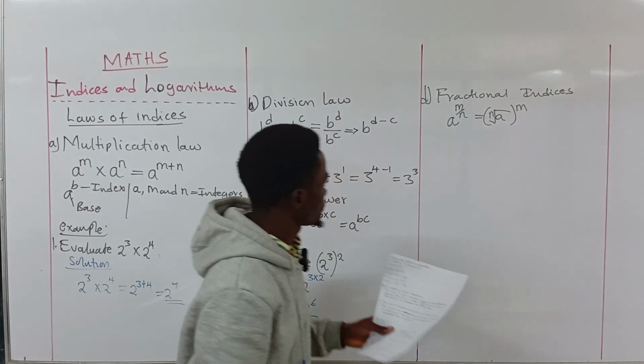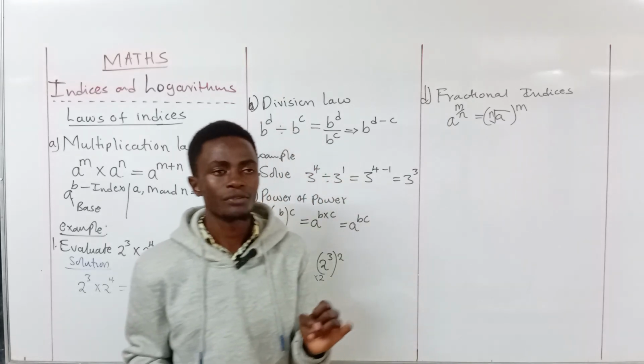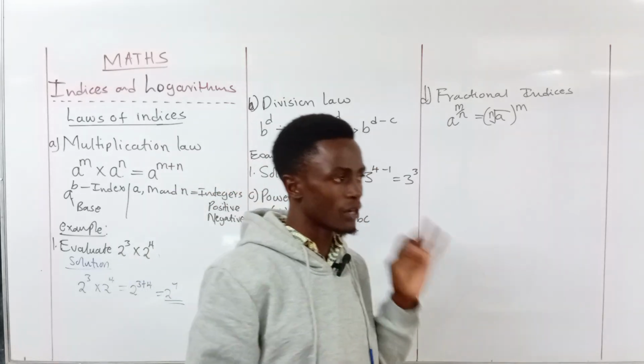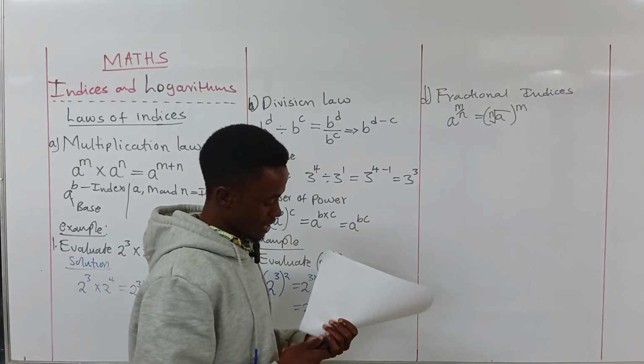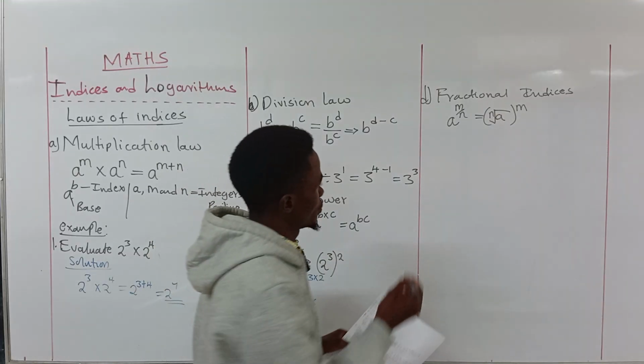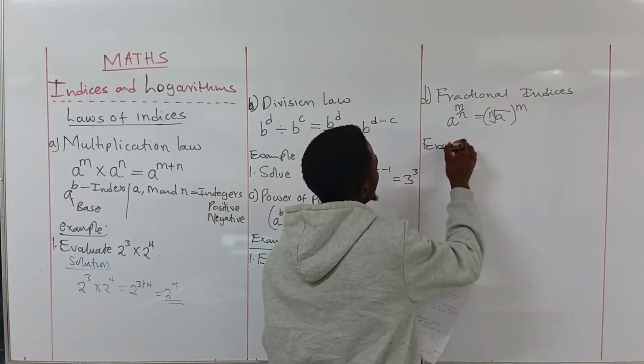In that case, the letters are representing different numbers. Remember, we can find a square root, a cube root, a fourth root, and many others, depending on what you are given in your question. So in this case, we can have an example that is going to guide us.